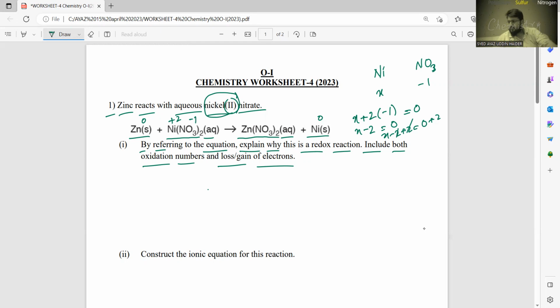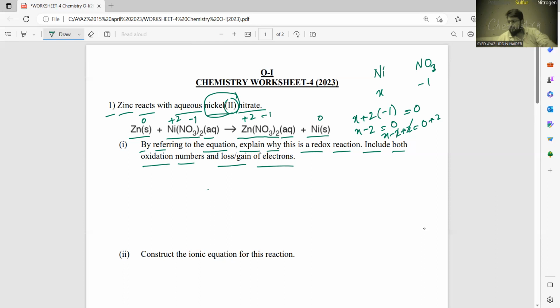What about the charge on Zn in Zn(NO3)2? Again, it's very easy. You know the charge on nitrate, you can work out the charge on Zn, which will be +2. Again, I'm showing the charge on NO3. So the charge on NO3 is unchanged. Only the charge of Zn and Ni are changing.